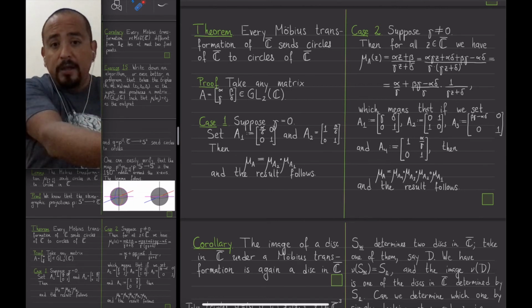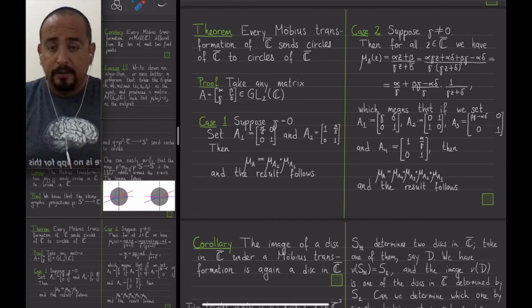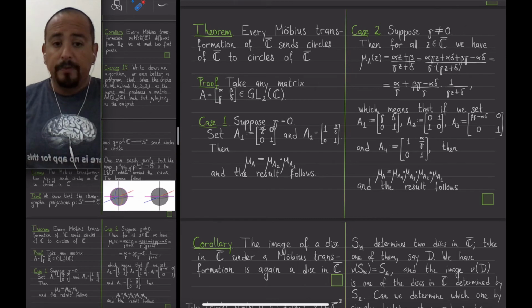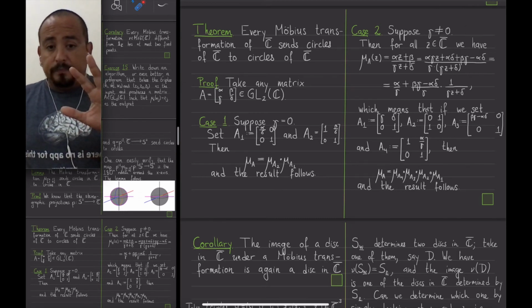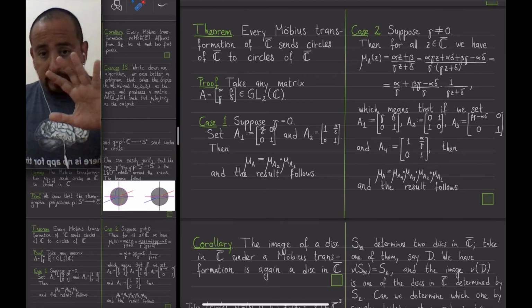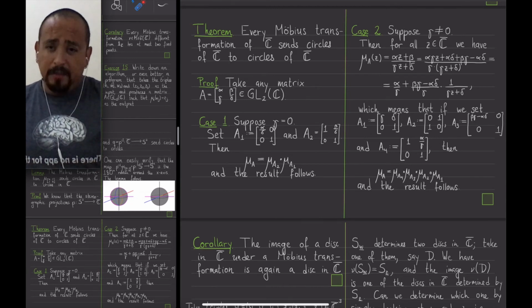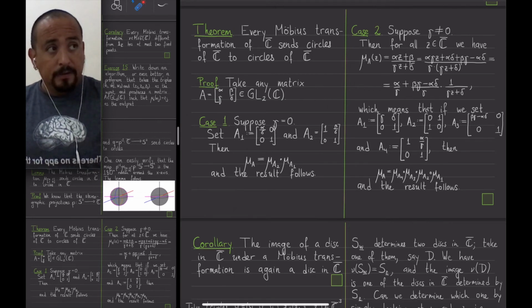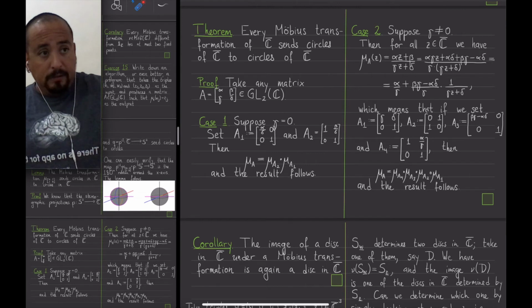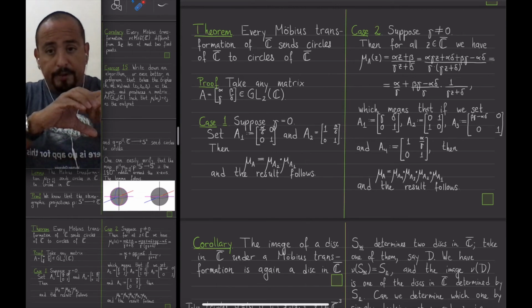Then there's no way for the other connected component to be in the image, right? So the image of this connected component is contained in the connected component by continuity, and then by the same continuity it has to be the whole thing, and because of bijectivity, right? Why? Because otherwise there would be a point in that connected component that does not come from this one.